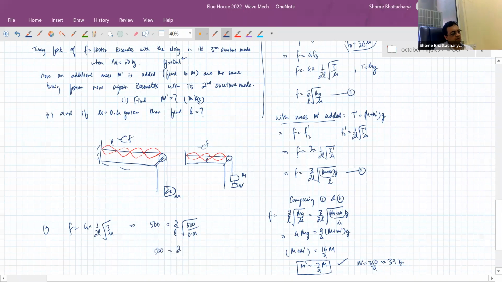So 500 is 2 by L into 100 root 5. So L will be 2 by root 5 in meters, or 0.4 times root 5 meters.